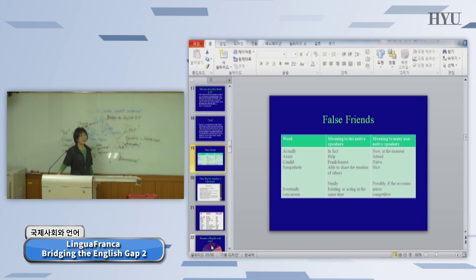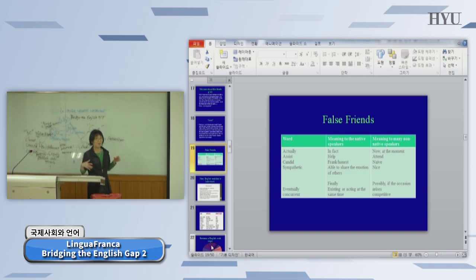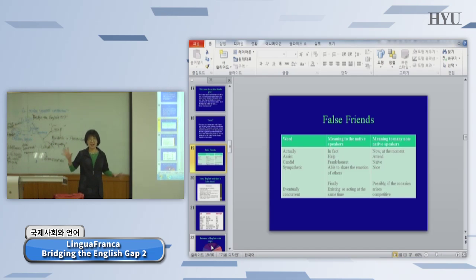So it's interesting. They look alike and sound similar, however the meanings are different. This is why confusion arises between the two groups of speakers over the meaning of the words.